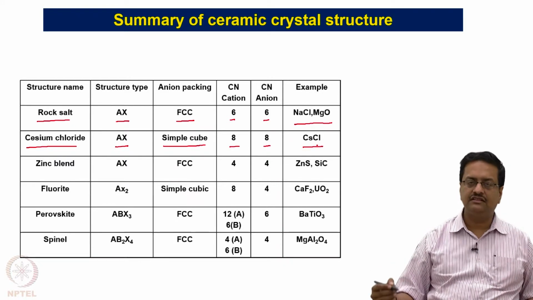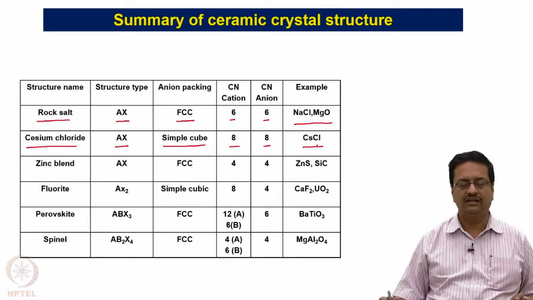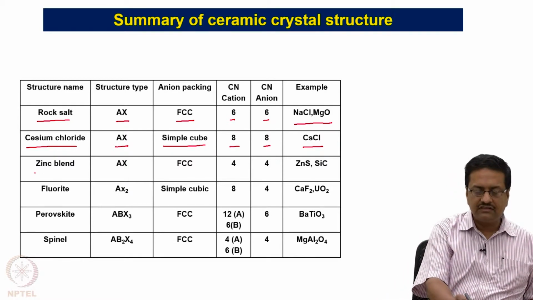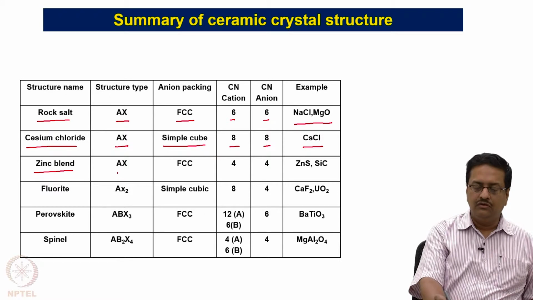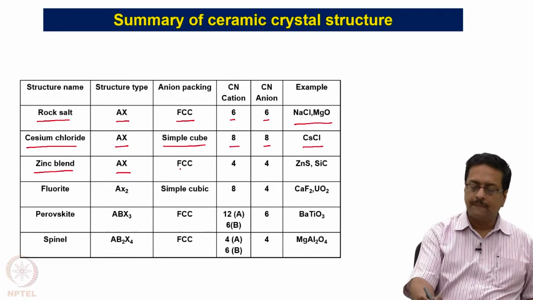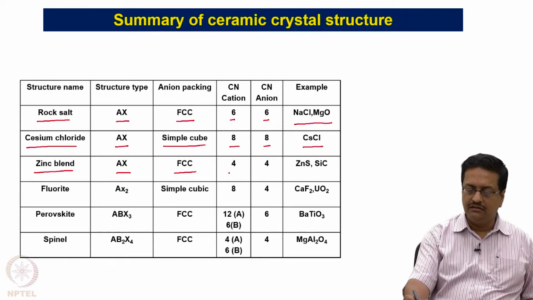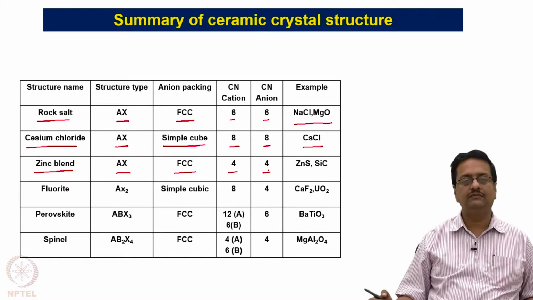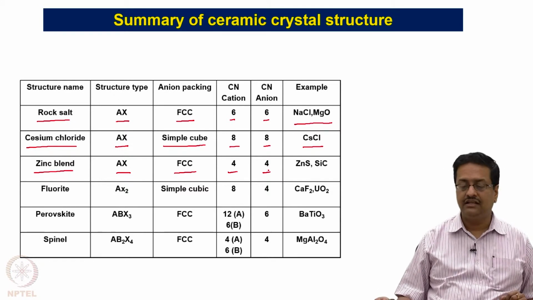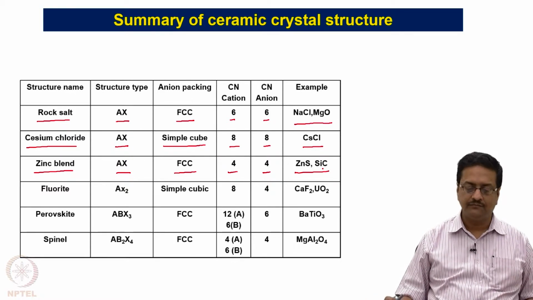The next type that we discussed is the zinc blende structure, where the formula is again AX, the stoichiometric formula, but this is a face centered cubic lattice where the coordination number is 4:4. That means anions occupy the face centered lattice, and cations are located at the tetrahedral interstitials. Examples are zinc sulfide, silicon carbide, etc.